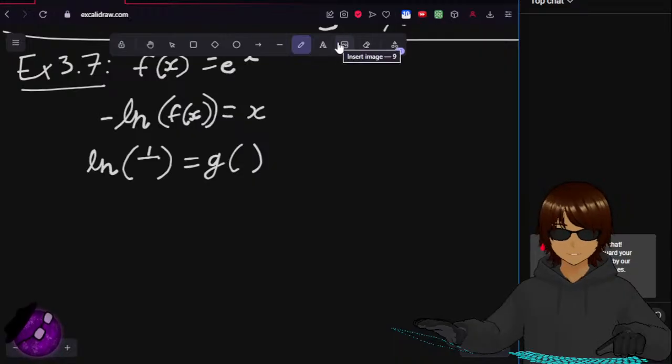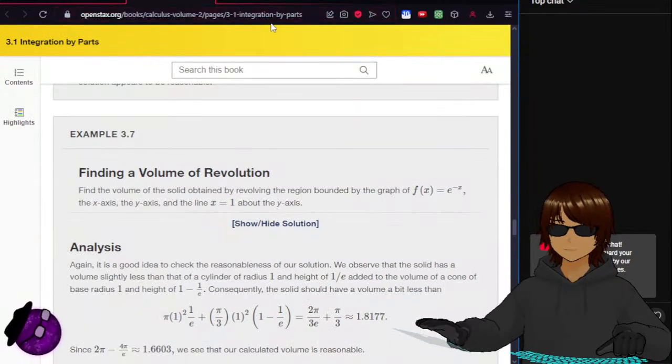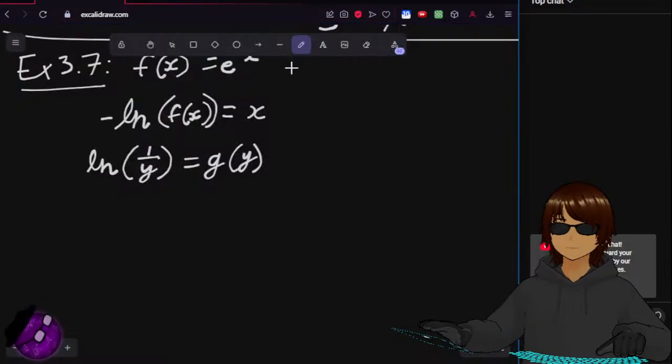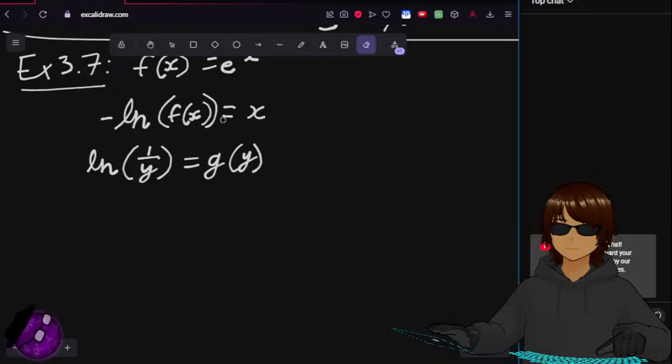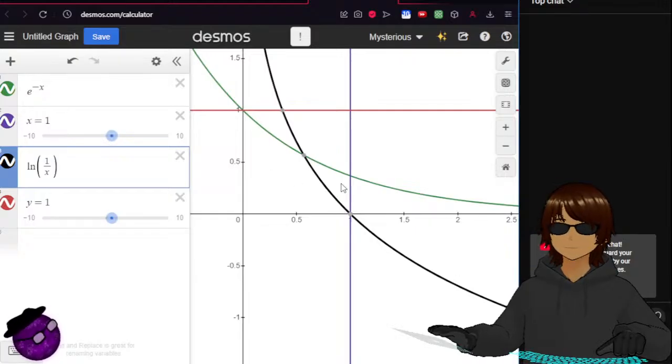I think it's easier if I do y. The revolution about the y-axis. So we want the area of this part on the y-axis.